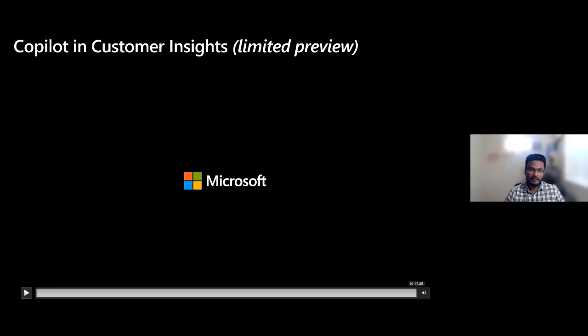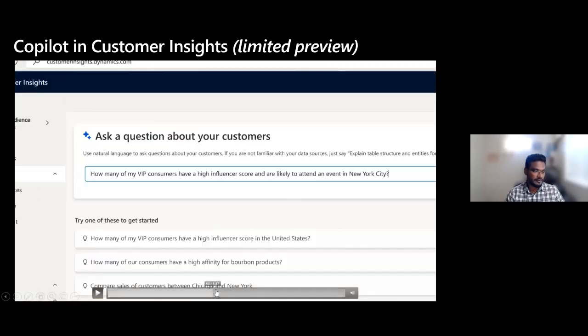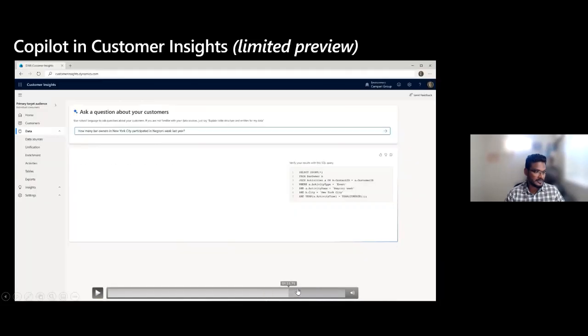Basically, you can get all the unified profile data for the customer, ingested from different data sources. And instead of doing a complex query to get the result out of it, now with the power of Copilot, we can get that data directly from the customers.